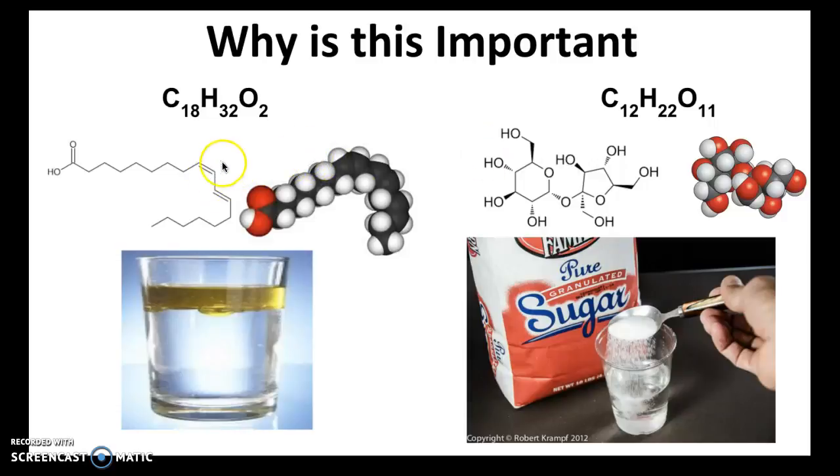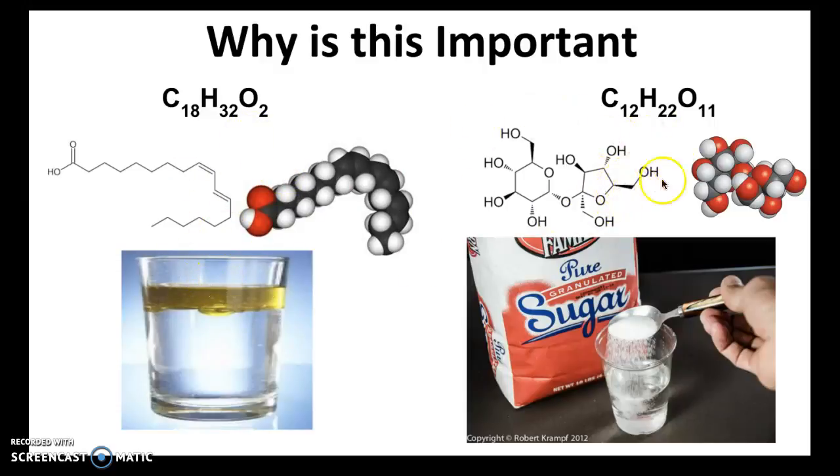From the bonding structure, you can then determine the three-dimensional structure or shape of the molecule. And once you know that, you'll be able to predict that this molecule here, which has this long, floppy carbon-hydrogen chain, probably won't dissolve in water. This molecule is found in vegetable oil.